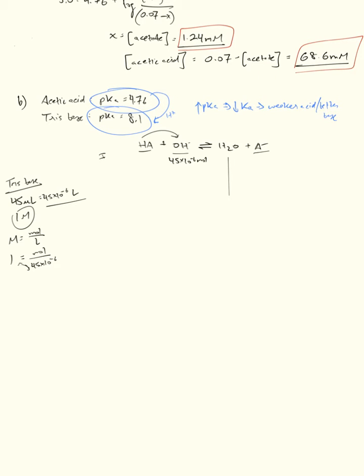So then you'll get 2 answers, and let me just write them down for you. Here you'll get 6.88 times 10 to the negative 5 moles, and here you'll get 1.24 times 10 to the negative 6th moles. Water does not matter. That's our initial concentration. Okay? Now what's happening?